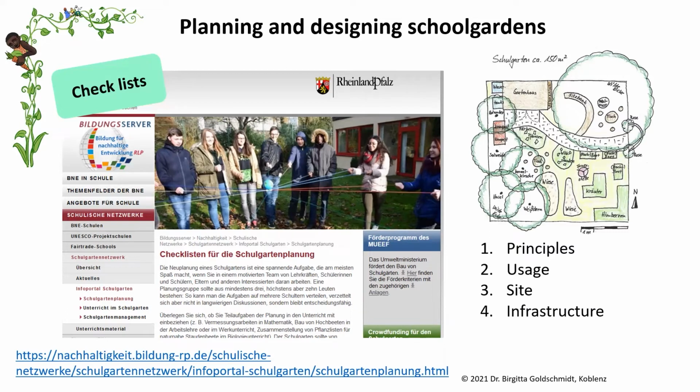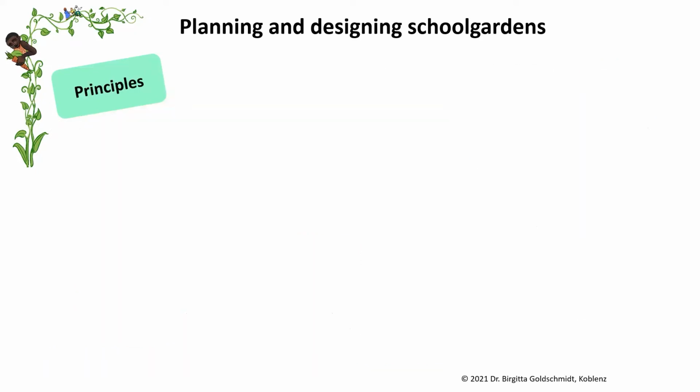And you have to consider what you need in terms of infrastructure, meaning of course water and so on. Which elements do you want to install, and something about raised beds or ground beds and so on.